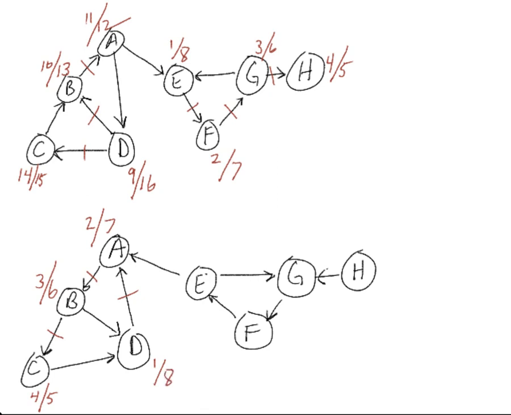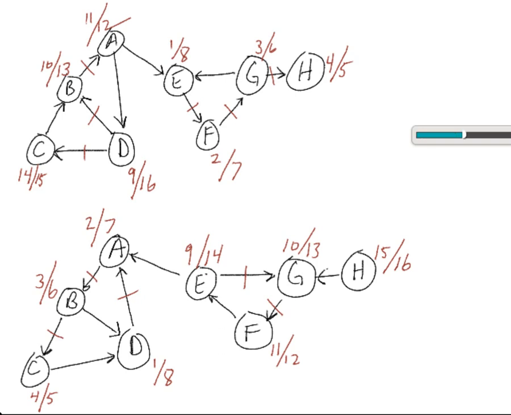Then we'll restart our search. The next highest finish time is E. And we'll cross this edge to G, cross this edge to F, finish that. And then we take care of H. Now if we mark every edge that we crossed, the depth first search tree, we get this.